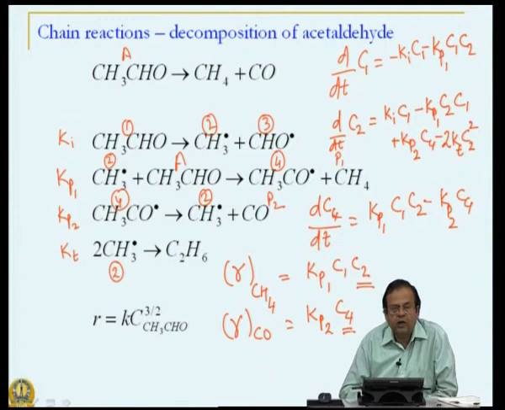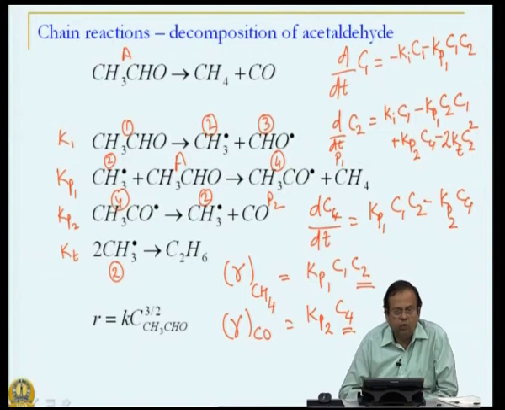We say that these radicals are highly active, and so the moment they are formed, they participate in the reaction fairly quickly, and therefore, their concentrations are very small, and dC/dt or their dynamics is also very small, and so we have quasi steady state.